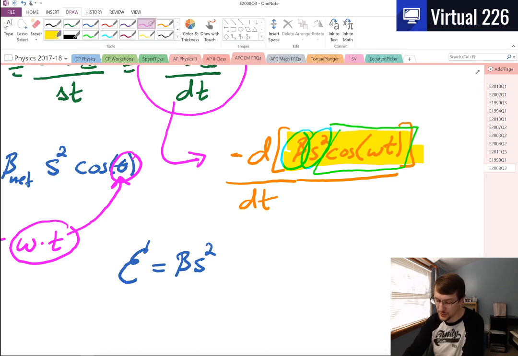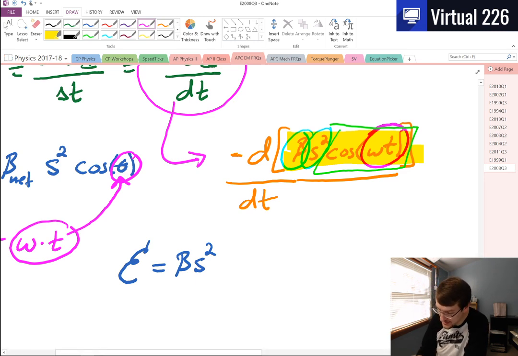Well, the first thing we need to do is take the derivative of this inner angle here, because it's with respect to dt and there's a t on the inside of there. We take the derivative of omega t. Well, the derivative of omega t is omega. That t, remember, it's t to the first, so minus 1, t to the 0. And then now we take the derivative of that cosine. The derivative of the cosine ends up being negative sine.